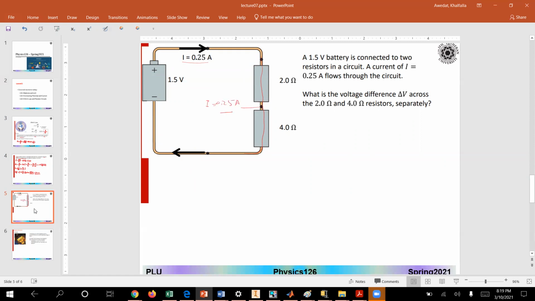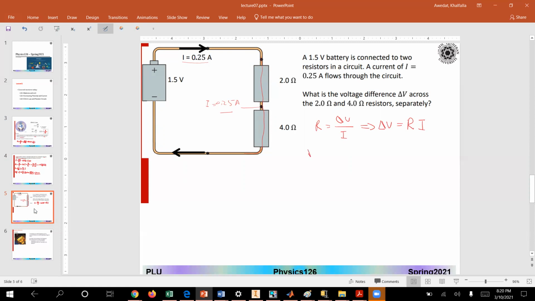So if I go back to Ohm's law, R is delta V, or the voltage across 2 points, that's the volt, divided by I. So if asked to find the voltage difference, it is R times I. Now the only thing is it is still the same current through the R1 and through the R2.